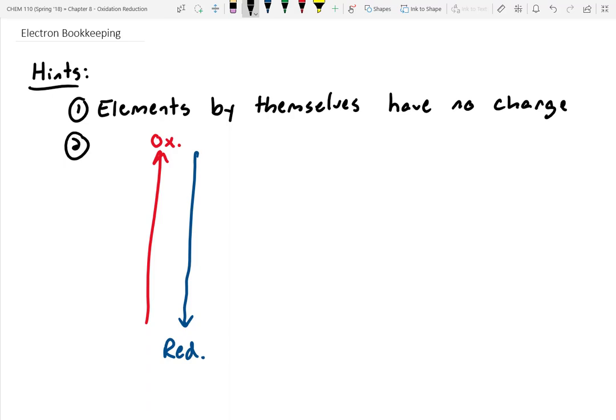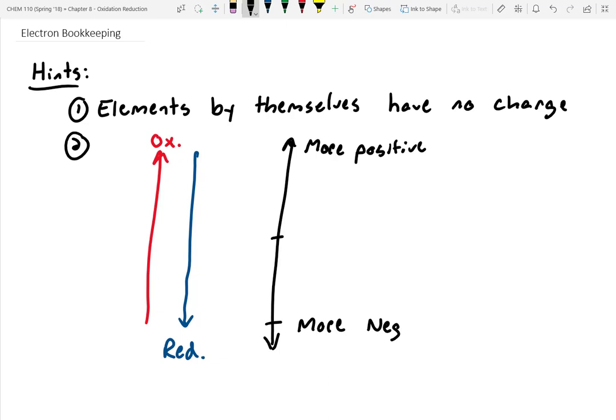And the way I remember this is by creating a scale over here where if you're going more positive, you're going up. That means you're getting oxidized, right? So oxidized means you're getting more positive. And then more negative means you're getting reduced.